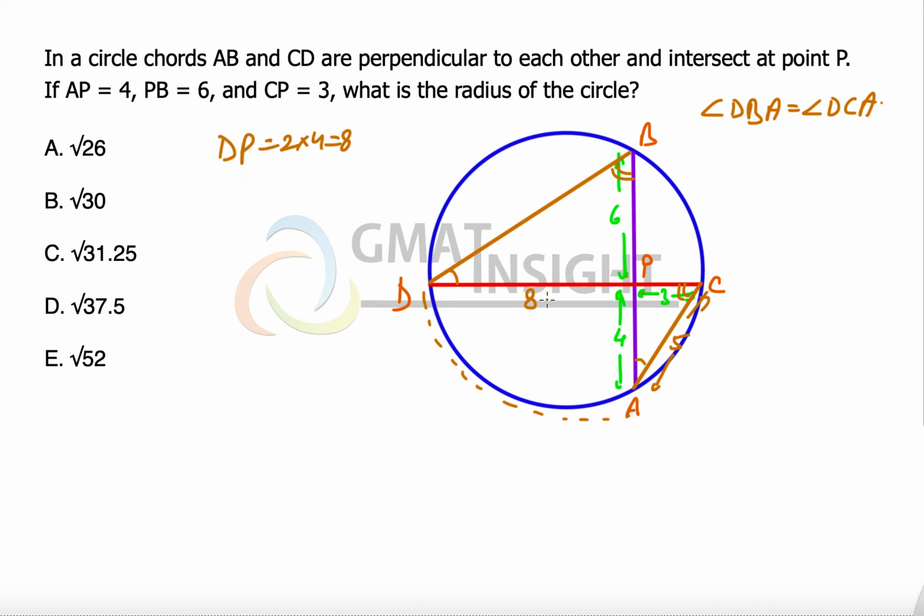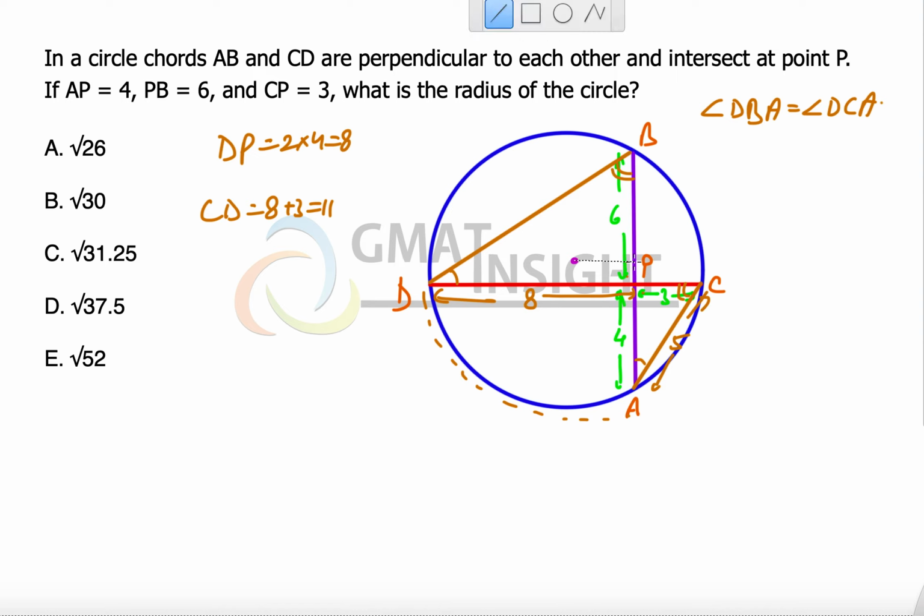The moment we mark it 8, we understand that the length of CD is equal to 8 plus 3, which is equal to 11. Now we have to make some more constructions so that the radius becomes part of it. So let me quickly take the center at some point. Let's assume that this is the center. Now the property of chords is that if any perpendicular is dropped from the center on the chord, it always bisects the chord.